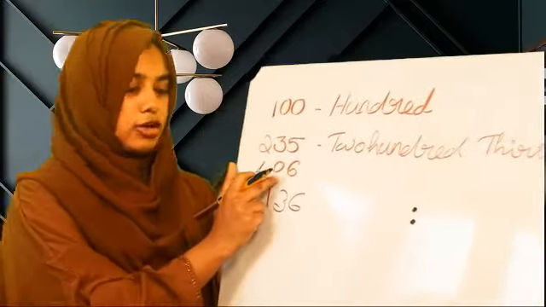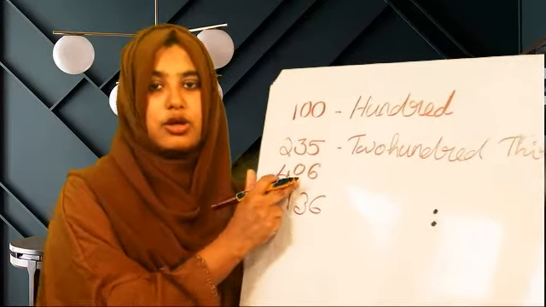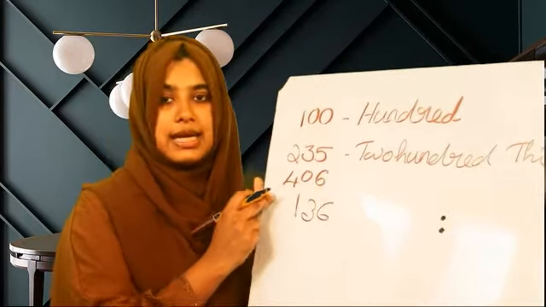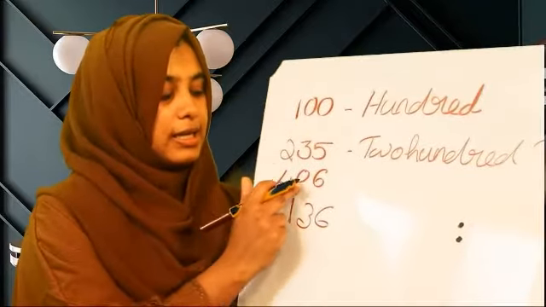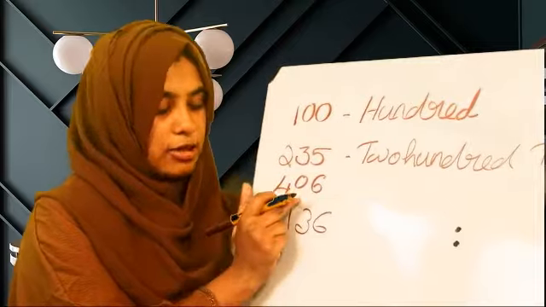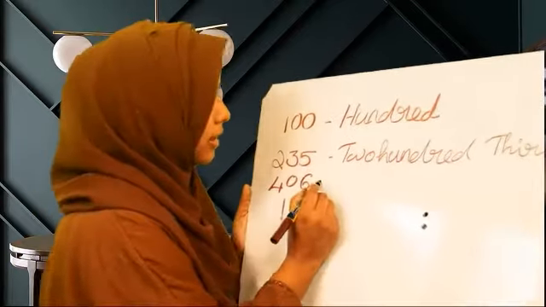406. Here there is no number in the tens place; the tens place is 0. How do we write this one? Ones, tens, hundreds: 4 hundreds, 0 tens, 6 ones.